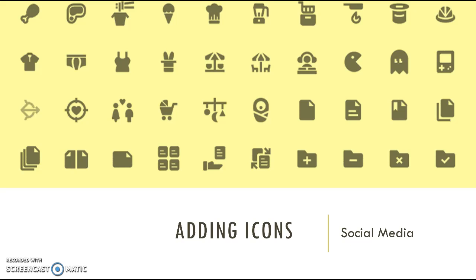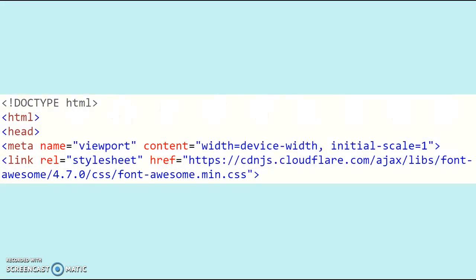Okay, moving on to social media. It's a similar thing that we start with in our HTML. You need to include your link to, again, I'm using Font Awesome for this example. Have that link under the head element.